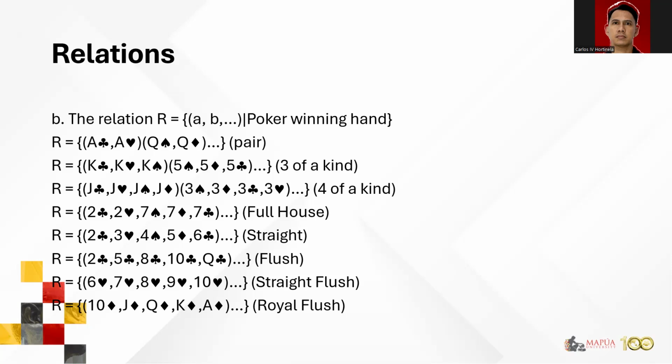So given this example, you can actually see that your relation is not limited to just pairs of elements, although that's the simplest way to show relation, no? Pair. However, you can actually have several elements grouped together.